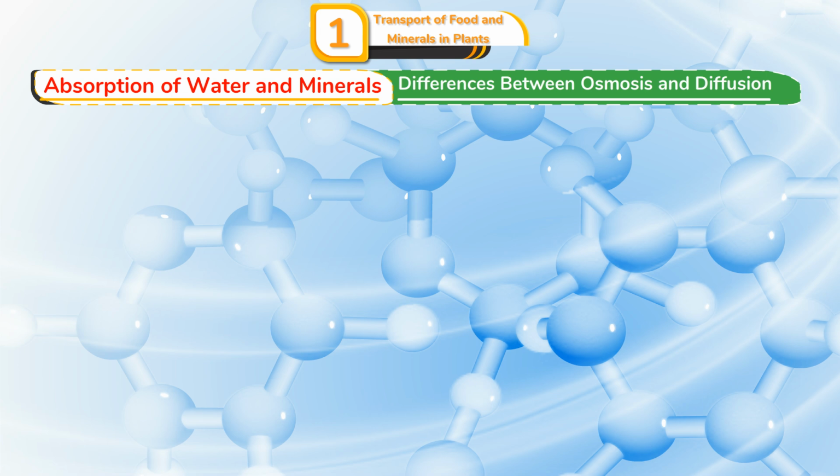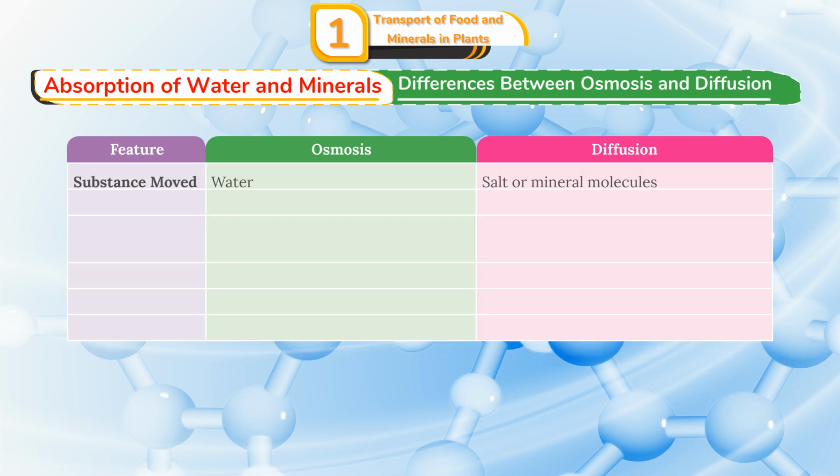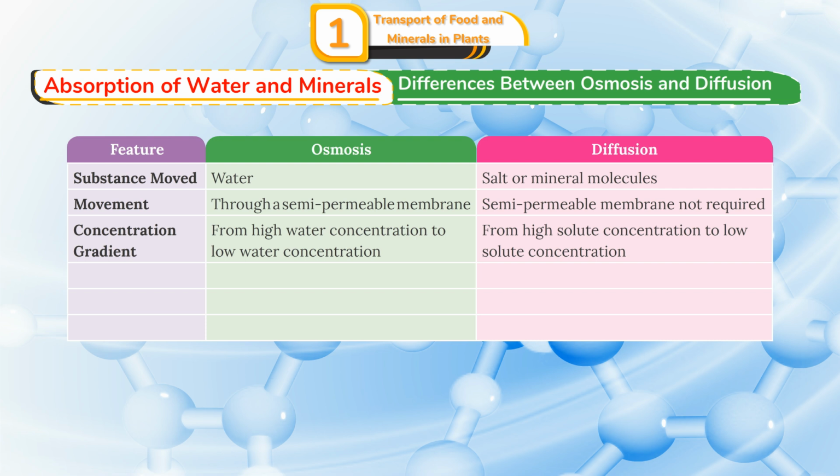Differences between osmosis and diffusion. Feature: osmosis, diffusion. Substance moved: water; salt or mineral molecules. Movement through a semi-permeable membrane: required; not required.